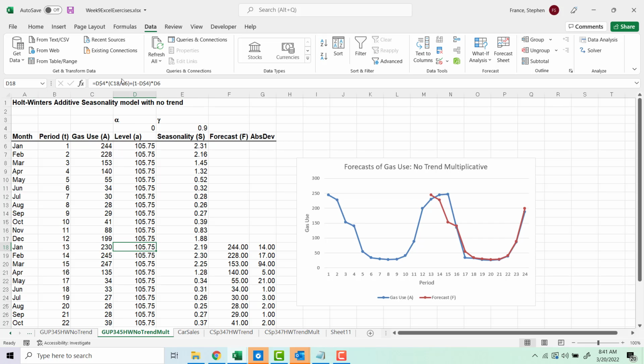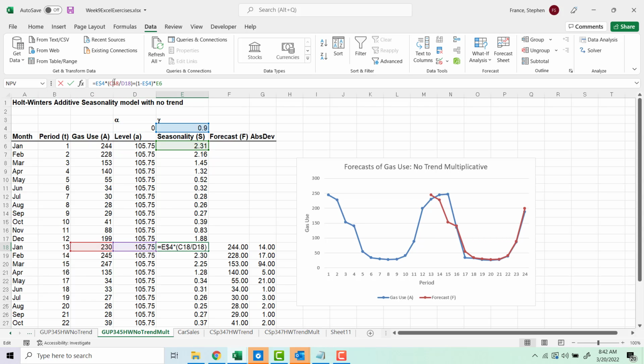When I'm calculating the level, rather than our current usage minus the most recent seasonality for that period, I divide by the most recent seasonality for that period. So I divide by the most recent seasonality for January.